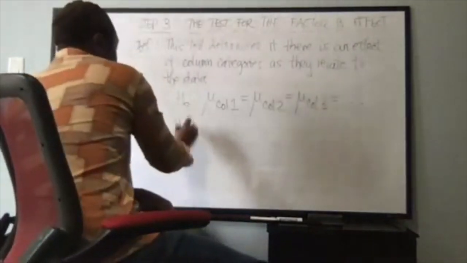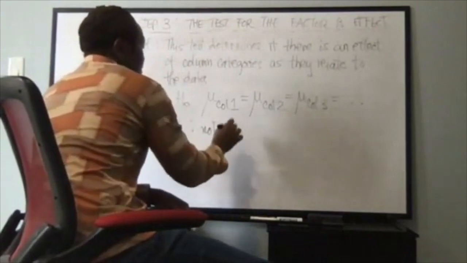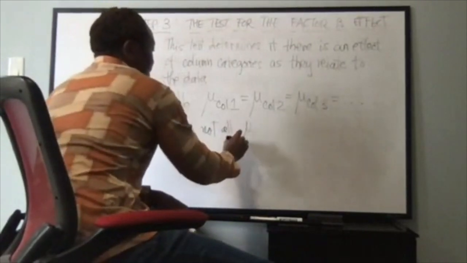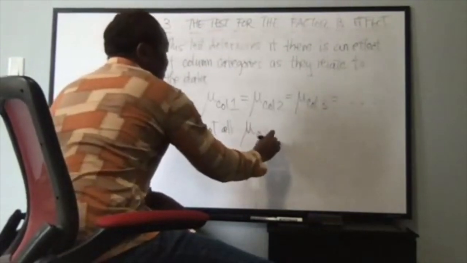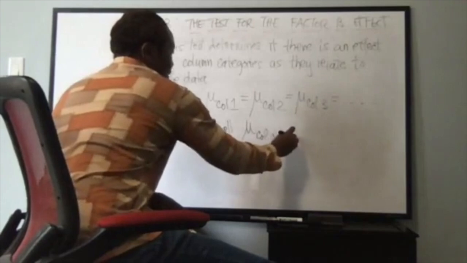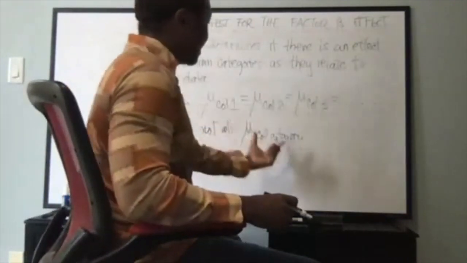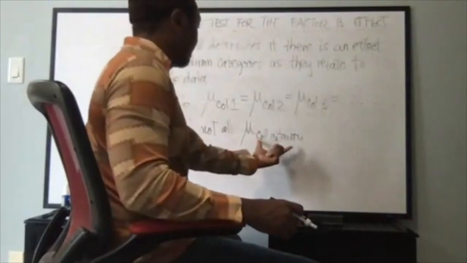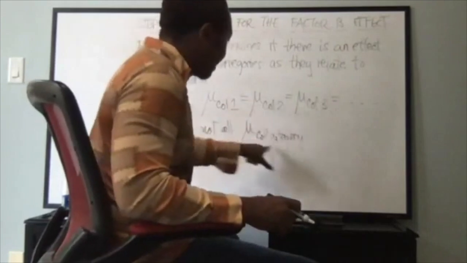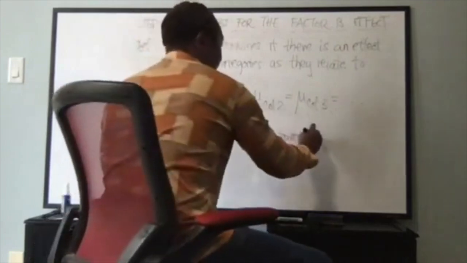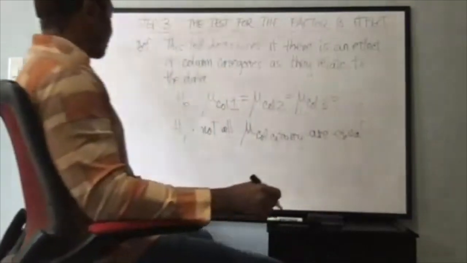H sub 1 says not all mu column category. So if this is Wendy's, Taco Bell, whatever, then the category is restaurants. See, not all mu, and then whatever the category of the columns is, you just put that right here, are equal, right?